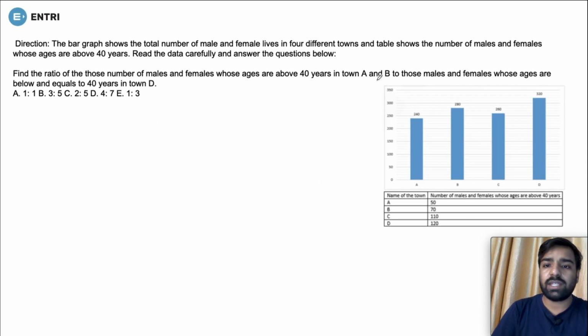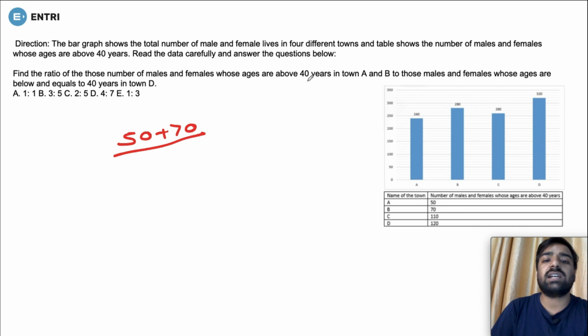For towns A and B it would be 50 plus 70. They have asked to find the ratio of the number of males and females whose ages are above 40 years in towns A and B, and in this table we can see that for town A there are 50 people, and for town B there are 70 people, so it would be 50 plus 70.